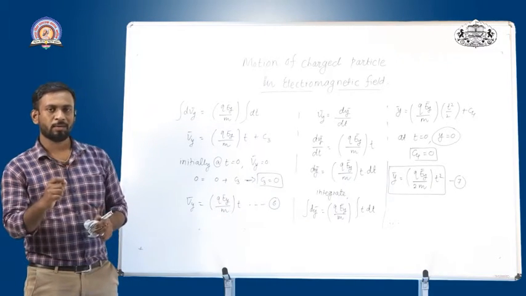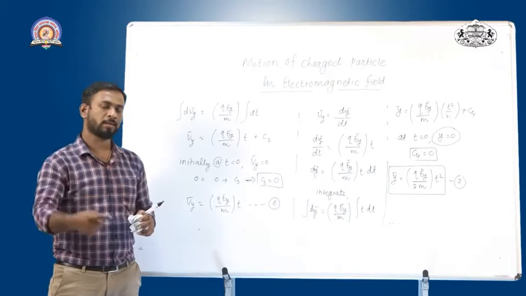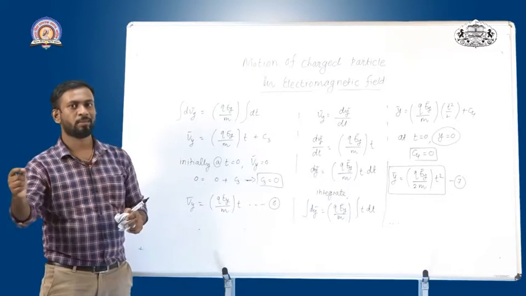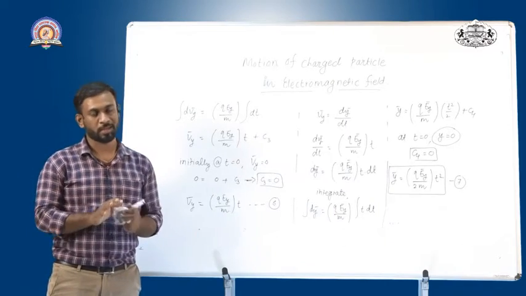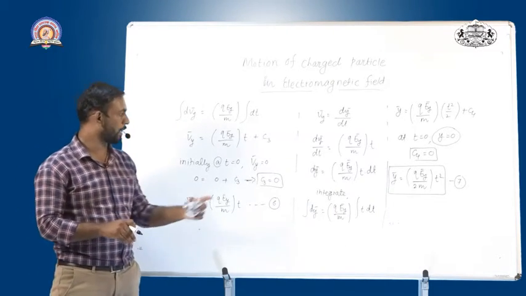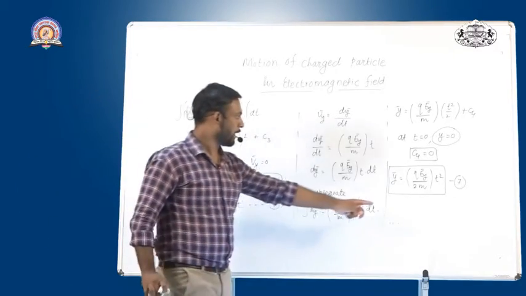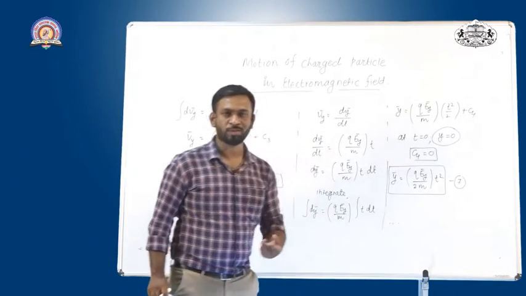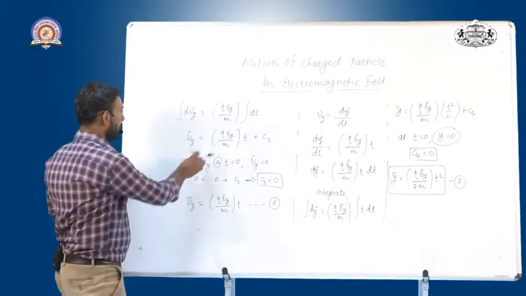At time t1, the particle travels the distance x1. At the next second, at t2, the particle again travels the distance x2. So can we write this t in terms of the velocity and position of the charged particle along the x direction? Yes, of course.